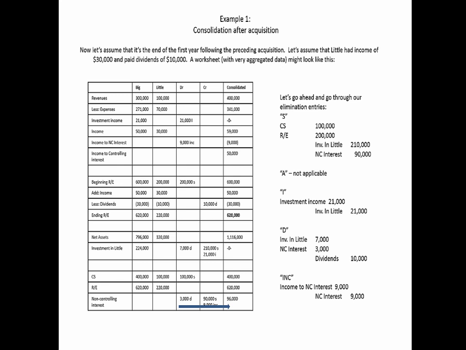So we've completed our worksheet, and now we can simply take these sections and create our financial statements. The top, in this case 6 lines, become our consolidated income statement. The middle 4 lines become our statement of consolidated retained earnings, and the bottom 5 lines become our consolidated balance sheet.